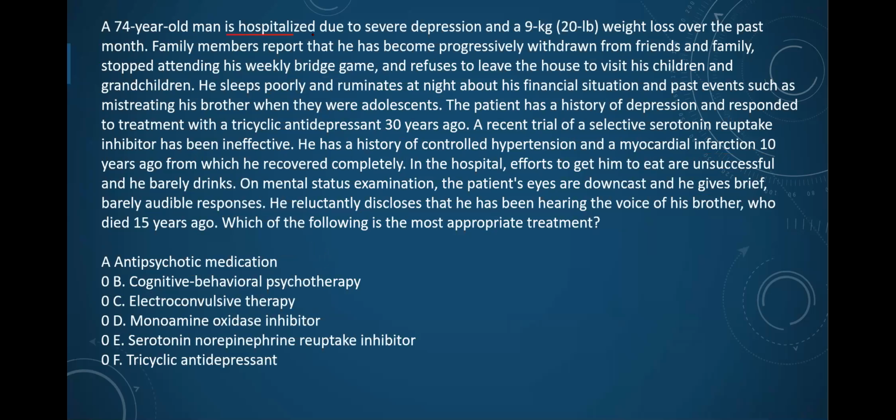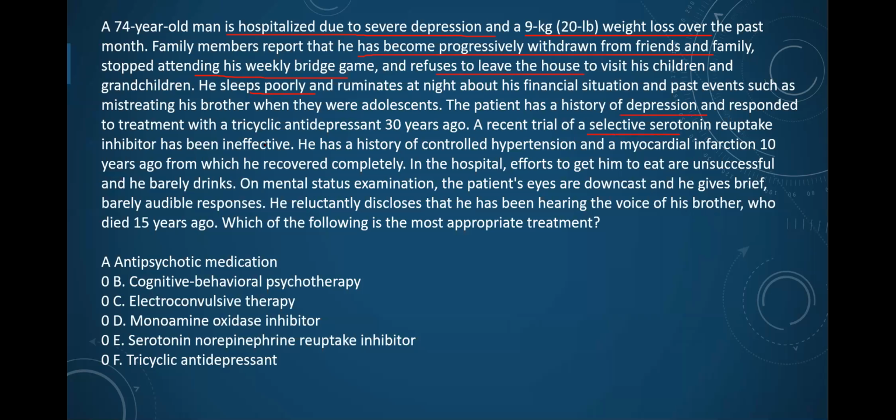A 74-year-old man is hospitalized due to severe depression, with a 9-kilo weight loss over the past month. Family members report that he has become progressively withdrawn from friends and family, stopped attending his weekly game, and refused to leave the house. He sleeps poorly. The patient has a history of depression.